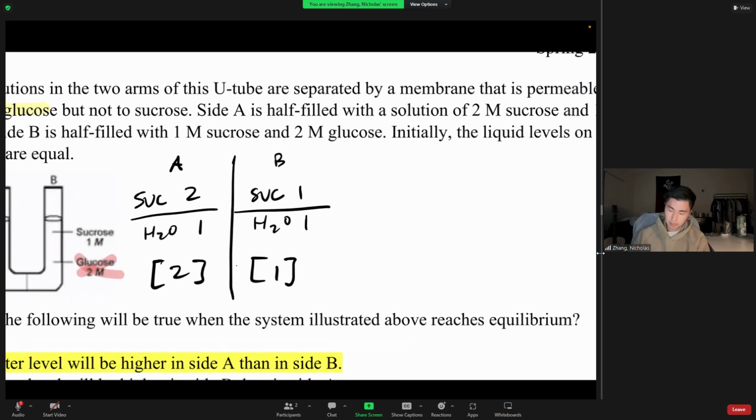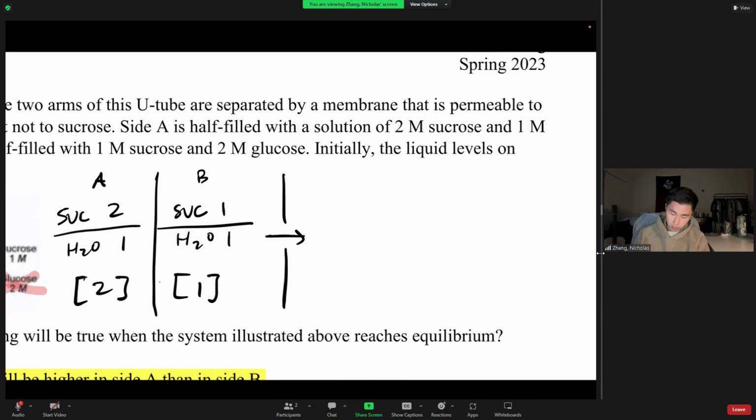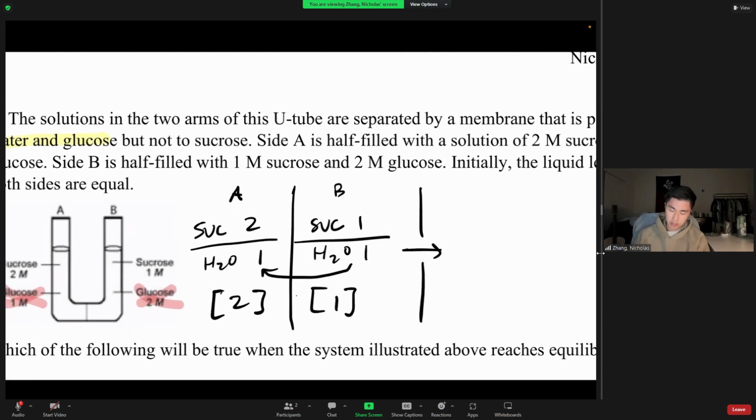right? Well, if we were to balance this without moving sucrose around, basically we'd want to increase the number in the denominator to lower the sucrose to water concentration. What I mean by that is moving water from this side to this side is going to decrease the concentration on side A of sucrose to water.